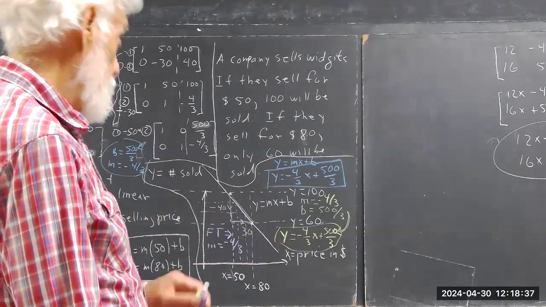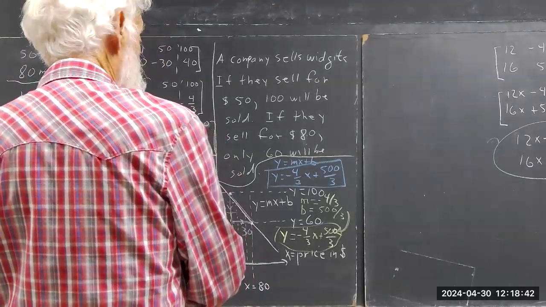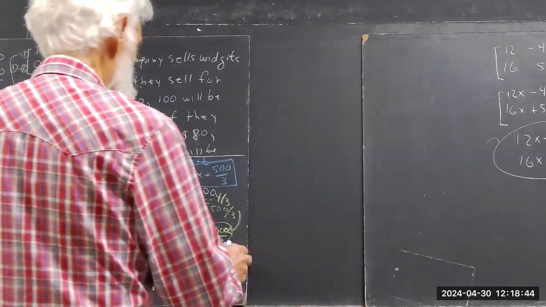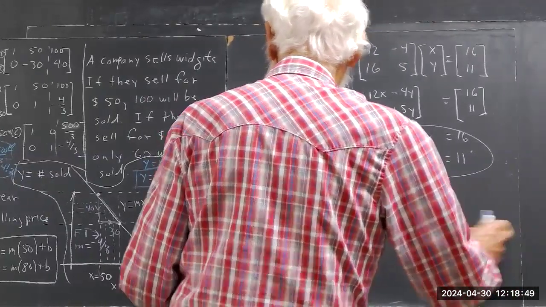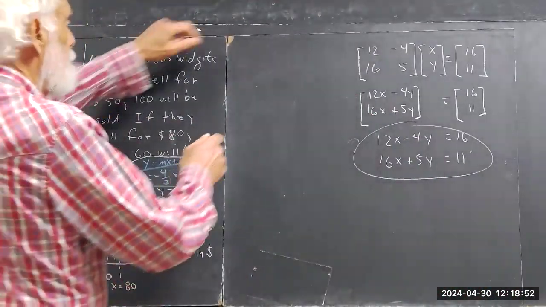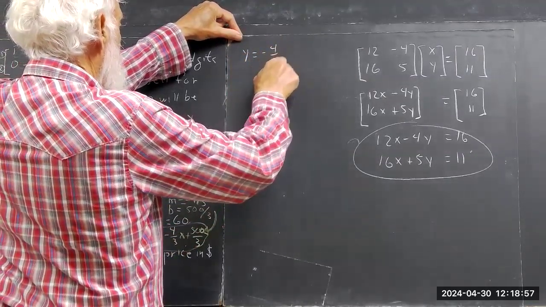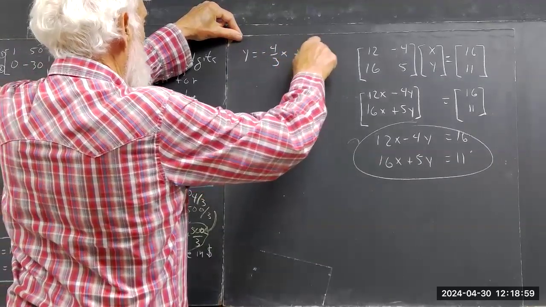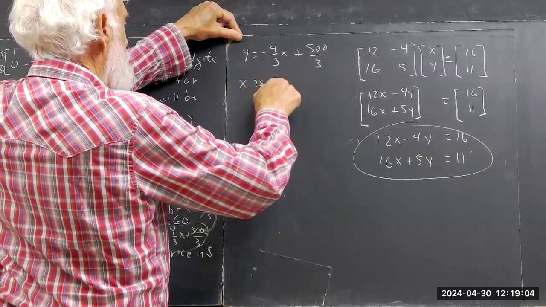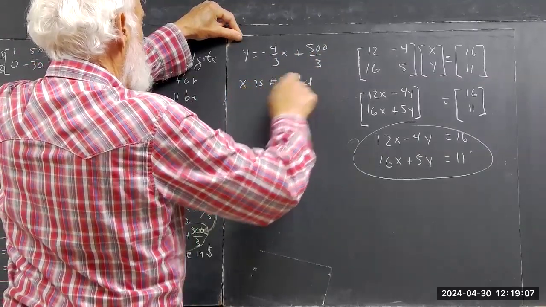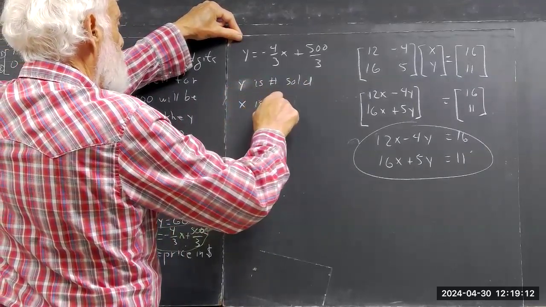Now, how much am I going to make? I've got 5 minutes. And there's 2 or 3 really important connections I want to make. So, I'm going to move on. Y is your number sold, X is your price.